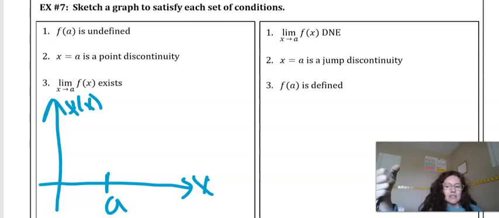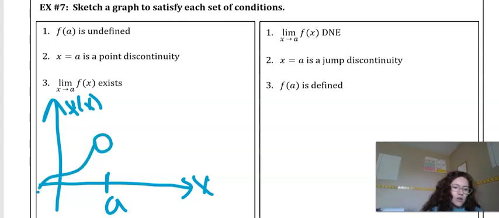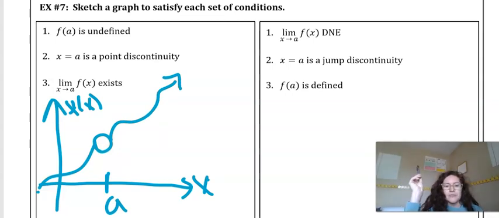Continuous means that I did not pick up my pencil, or more formally, as you're seeing here, the limit wasn't the same as the value. And the limit exists. So I'm going to just draw a squiggle, give it a hole, and party on. Okay? That meets all the requirements. Limit exists, it is a discontinuity, and then it is undefined.